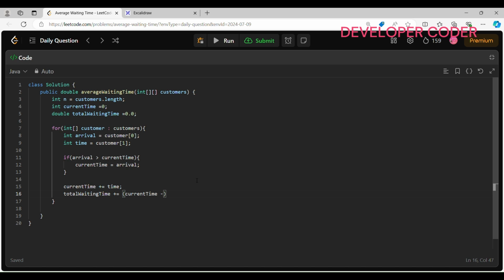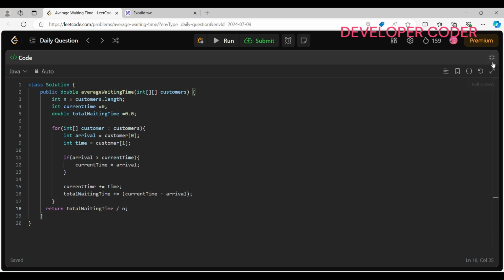So current time minus arrival, that's it. And in the end we simply return total waiting time divided by n.